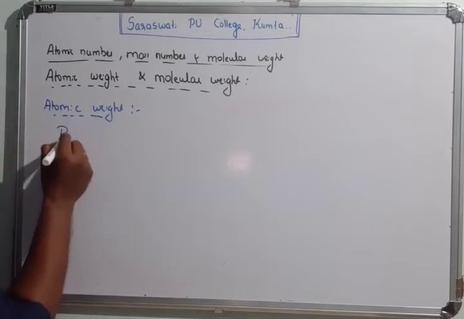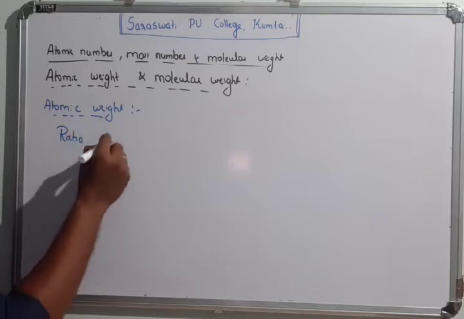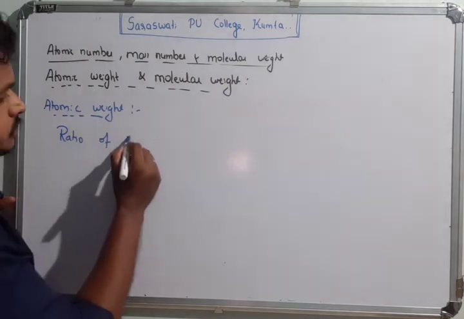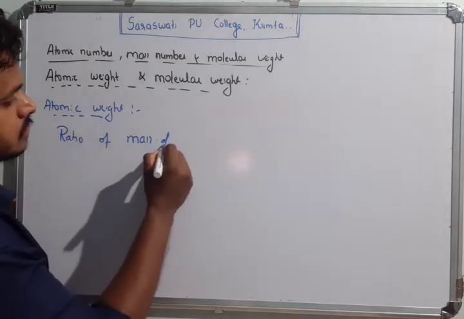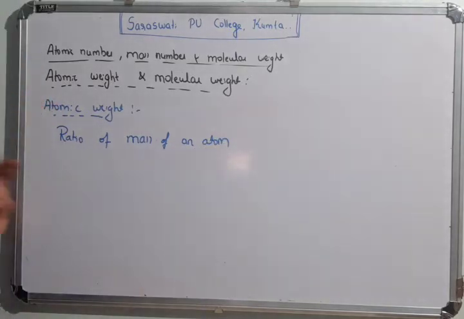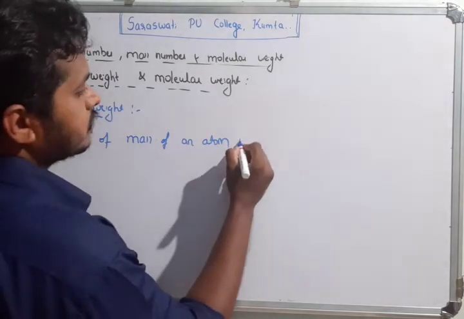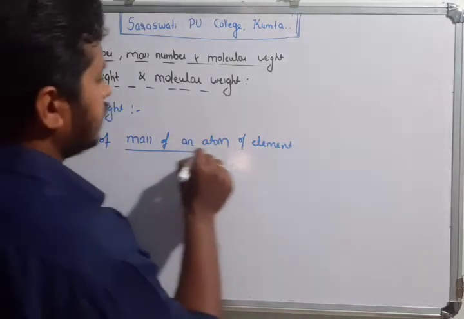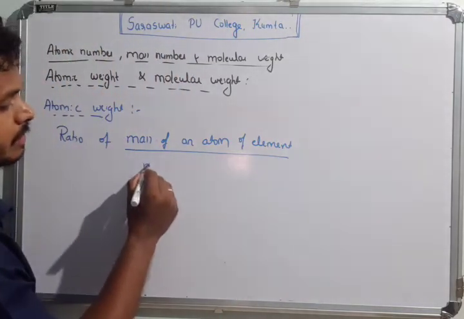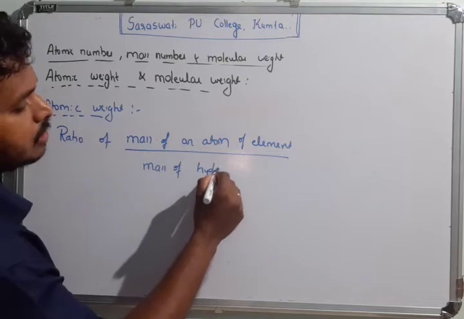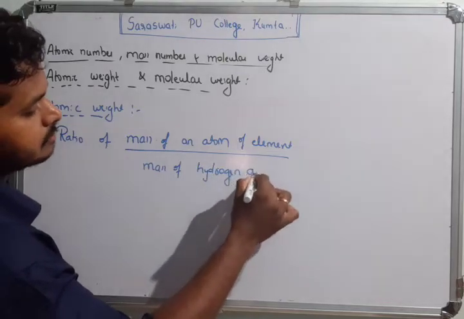Atomic weight is the ratio of the mass of an atom of an element divided by the mass of a hydrogen atom.